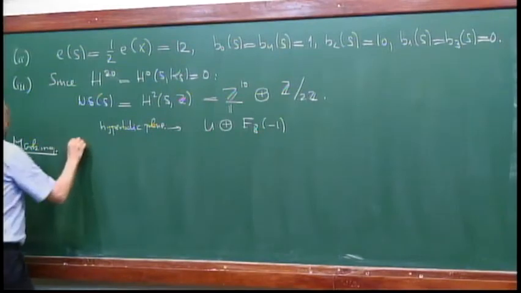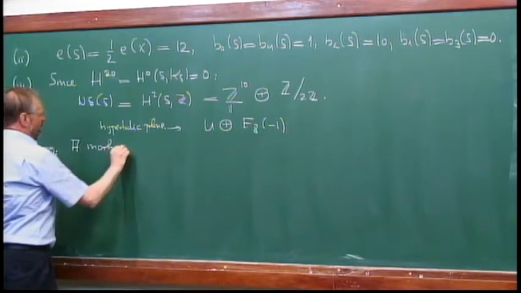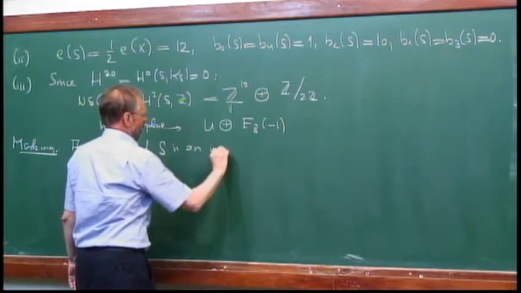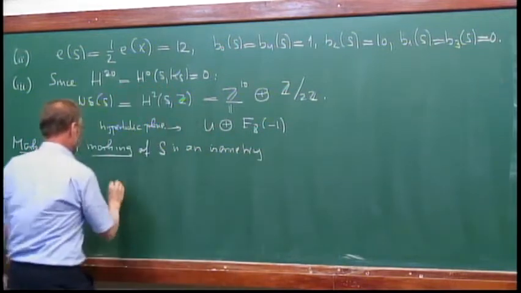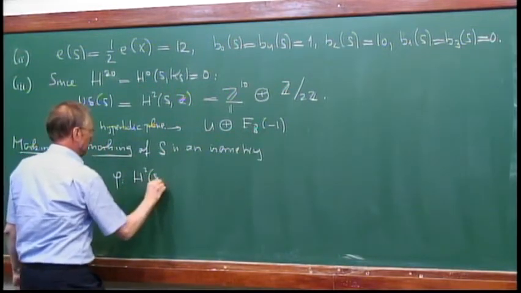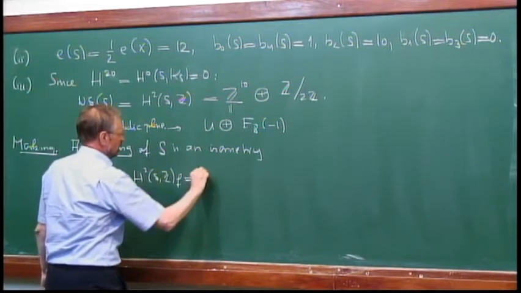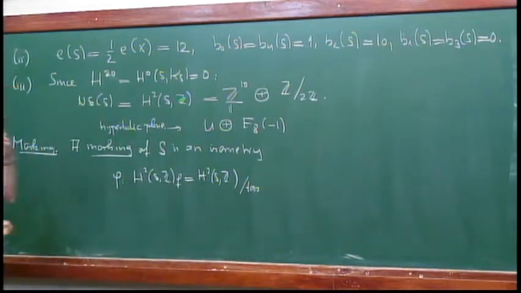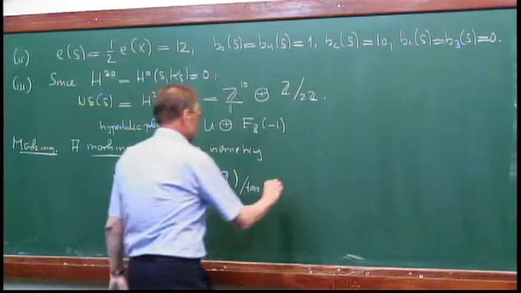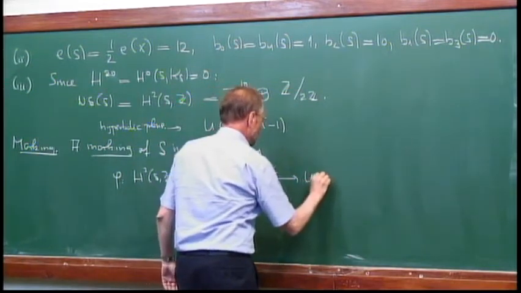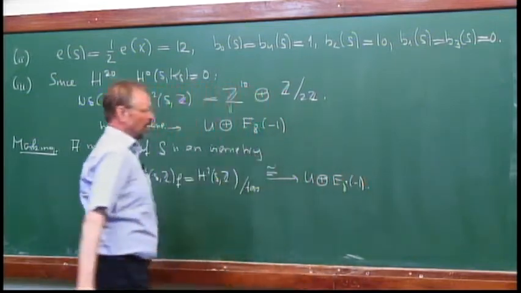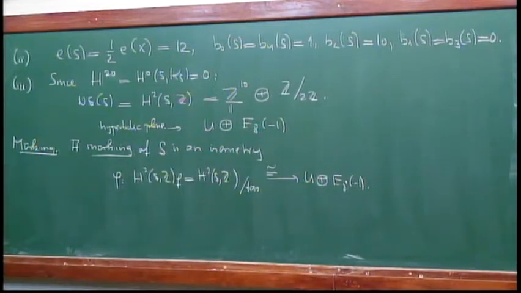A marking of an Enriques surface is an isometry, say phi, from the free part of H^2, which is H^2 mod torsion, to this abstract lattice U plus E8(-1). And we want to relate markings of K3 surfaces and markings of Enriques surfaces.